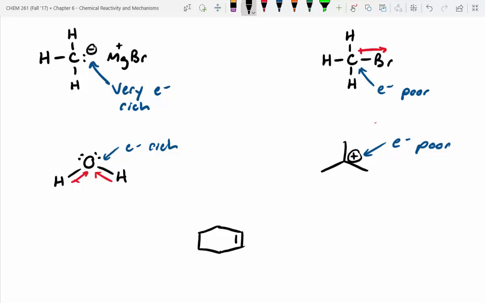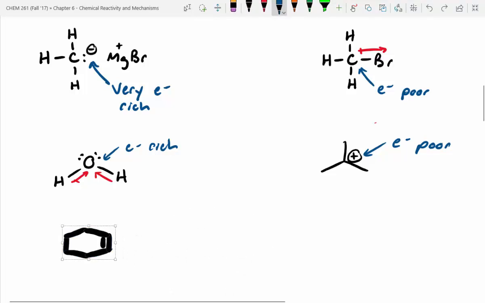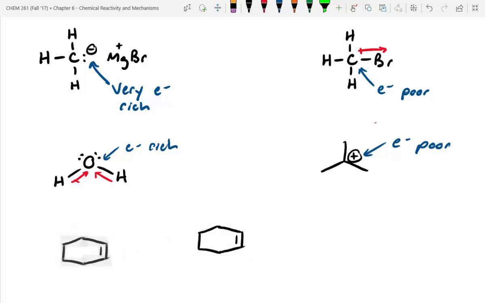So much so that it had to adopt a new hybridization to accommodate them. So pi bonds are a unique example of a nucleophile because they've got extra electron density in between those two sp2 lobes. So I'll say electron rich.